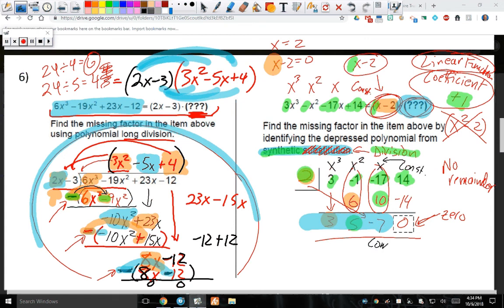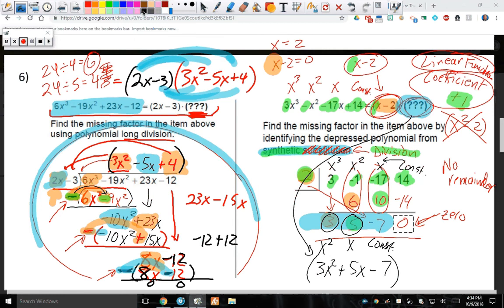So now this is our constant, this is our x term, and this is our x squared term. So we would have 3x squared, because it's a positive 3 that you got here, plus a 5x, because it was a positive 5, and then minus 7. Okay? And this would be our missing piece here that we would have for our answer.